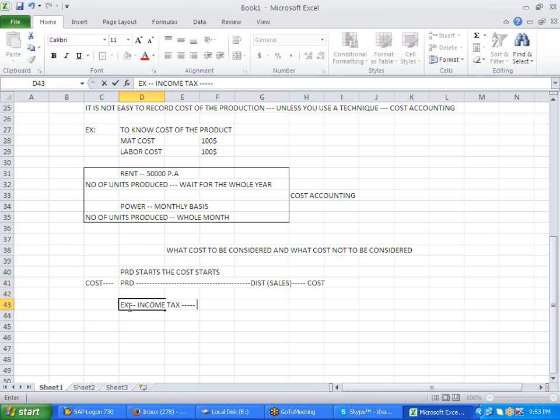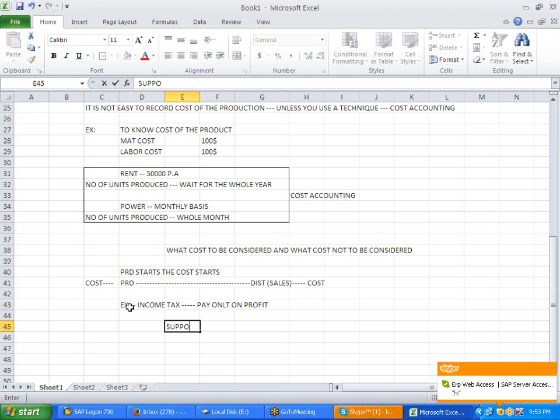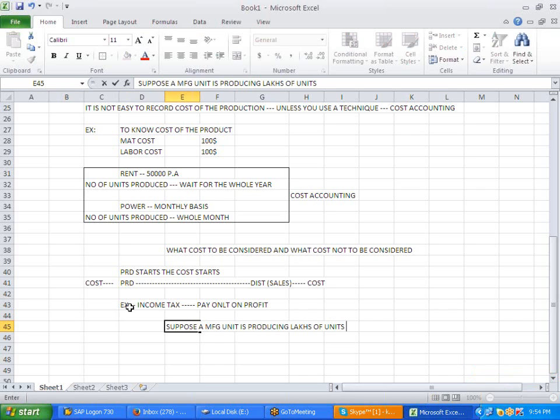Now, this income tax, when will you pay? You pay only on profit, right? When there is a profit. Suppose a manufacturing unit is producing lakhs of units but with no profit, no tax, right?